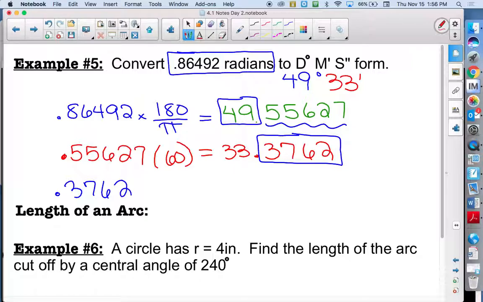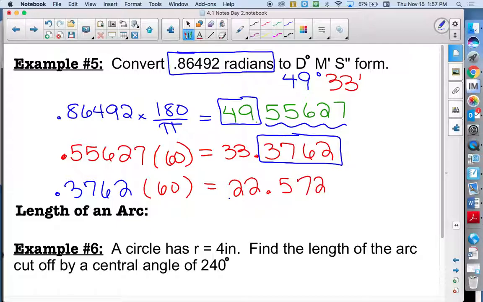And multiply by 3,600. Not 3,600 because this is 60 again. Because this is the leftover piece beyond the minutes. So now we're at 33 minutes, so whatever is left would give us the amount of seconds. And that should be 22.5 something. Is it 22.5? 72. Thank you, Michael.